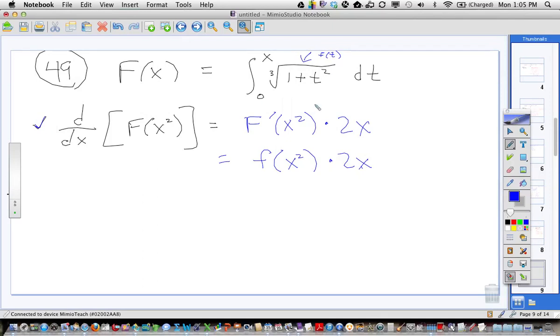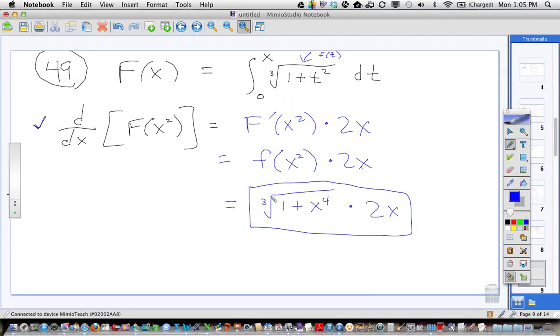So if that's little f of t right there, then what's little f of x squared? That's putting an x squared in for t. So what would I have? Third root, right? Put an x squared in for t means you'd have x squared squared, which is x to the fourth, times 2x. And that's it. You're done.